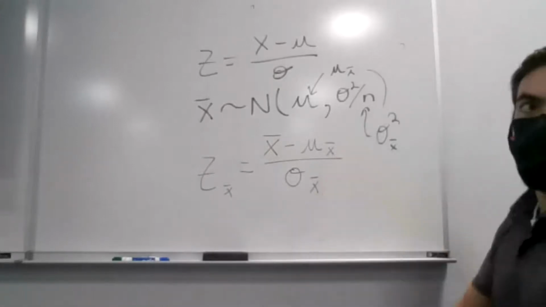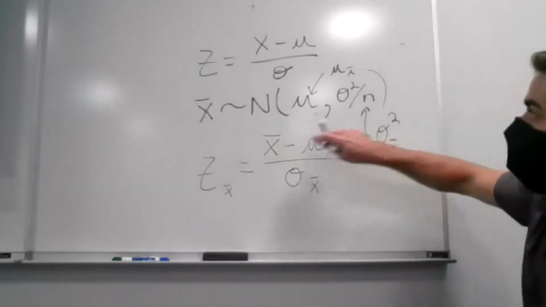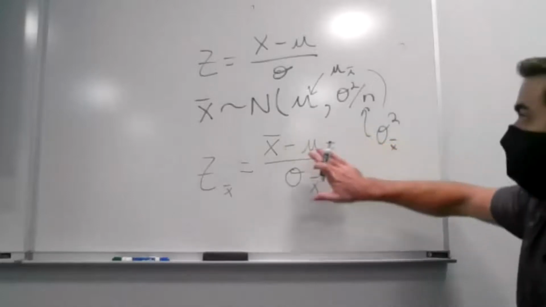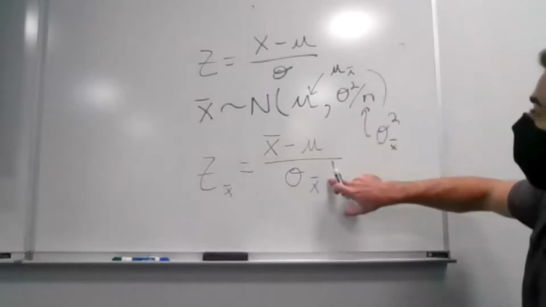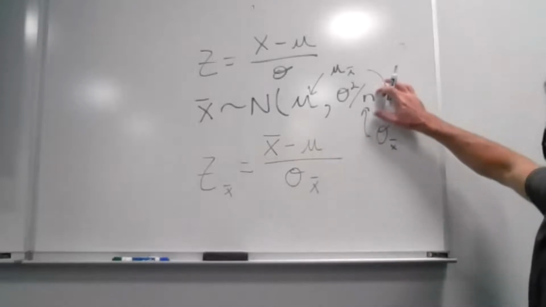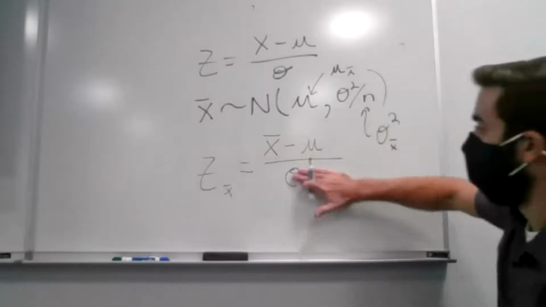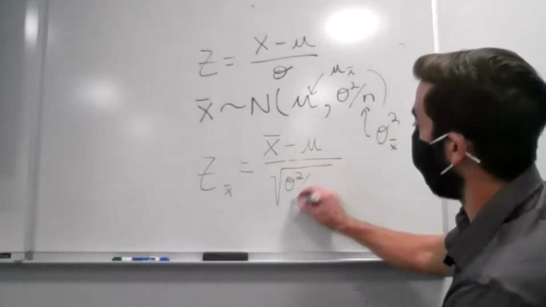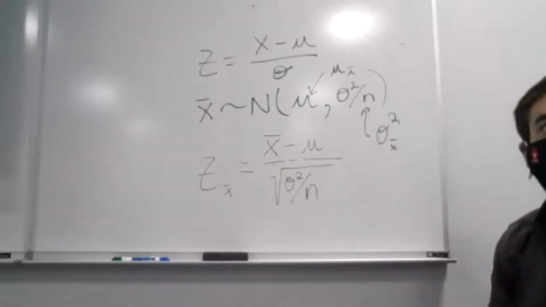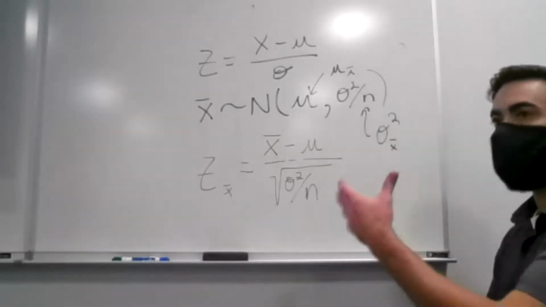Well, what are these two things? The mean of my sample means is just the population mean, so I'll plug that in. The standard deviation of my sample means is the square root of the variance, so the square root of the original population variance divided by my sample size. So that's why the equation is a little bit different.